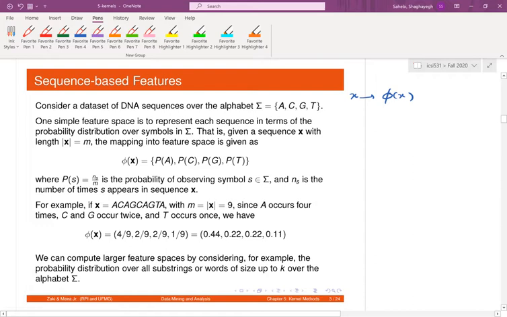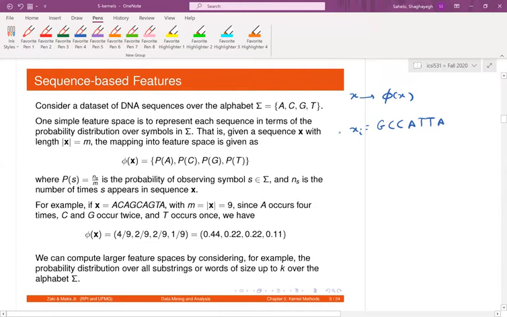So suppose that we have a data set of DNA sequences that are defined based on this set of alphabet, A, C, G, and T. For example, we can have a sample that is G, C, C, A, T, T, A, right? This can be a data sample for us.